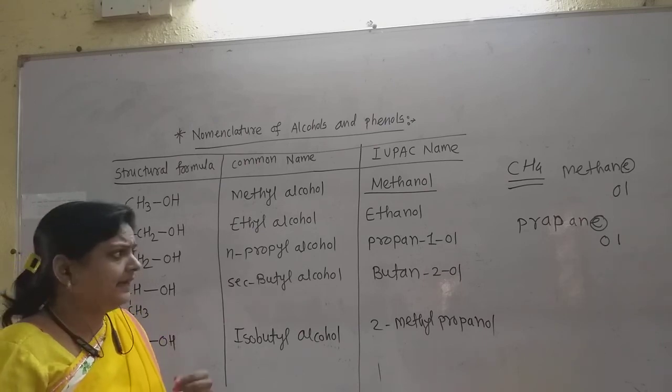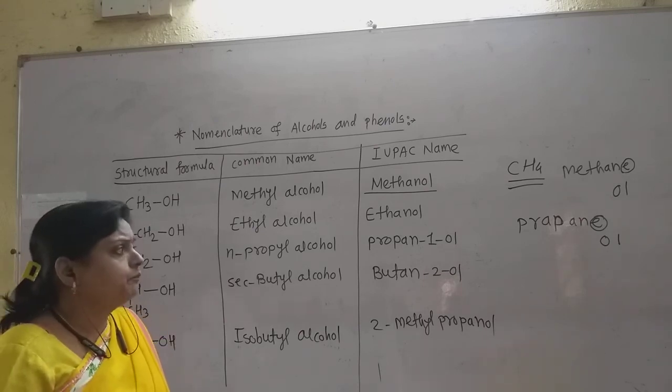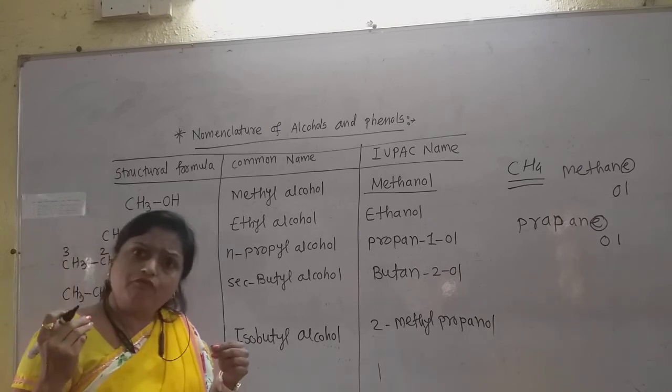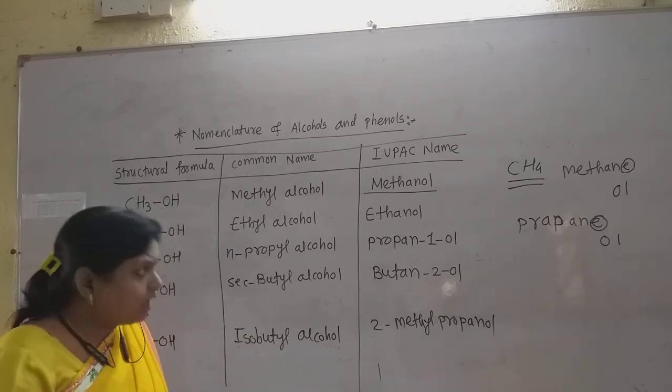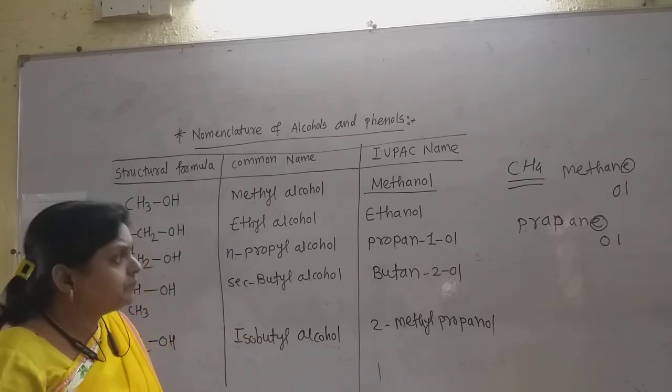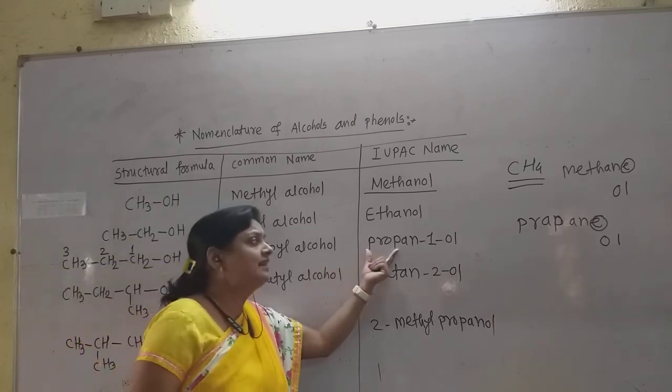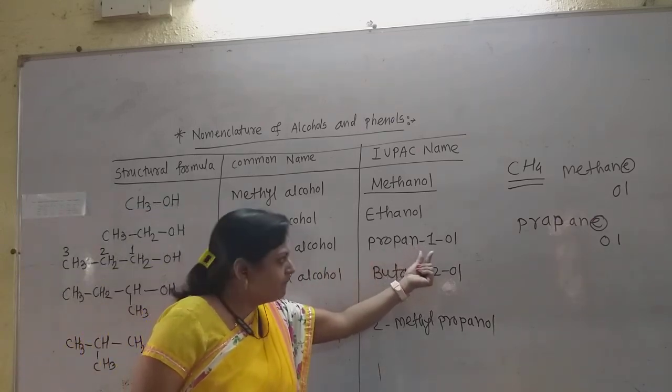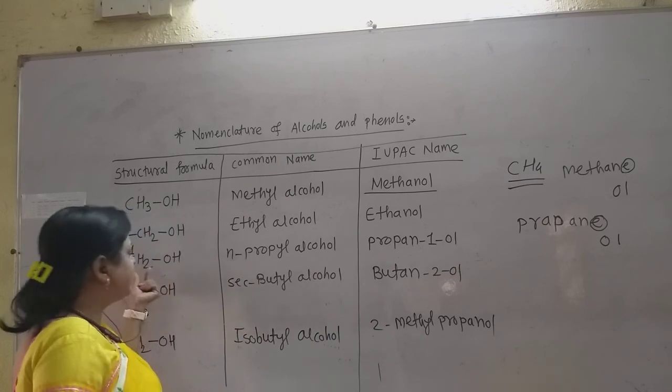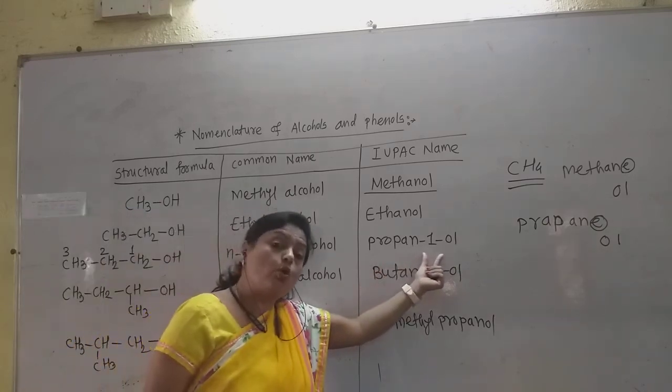Formerly they directly wrote 1-propanol. But in the new system, first write only propane, then the number to which the OH group is attached, and then write the OL.